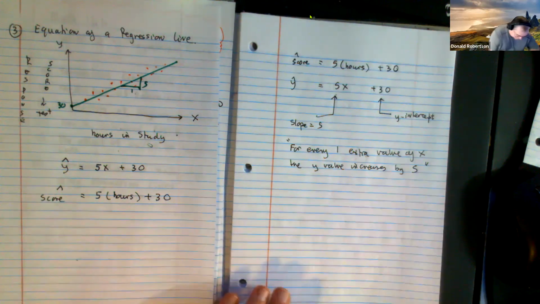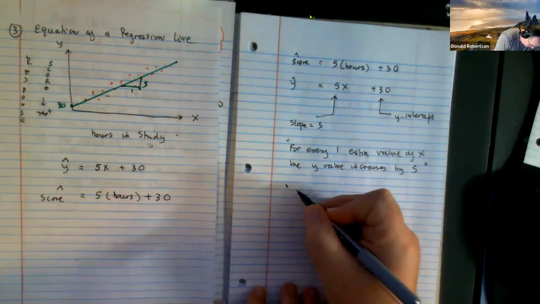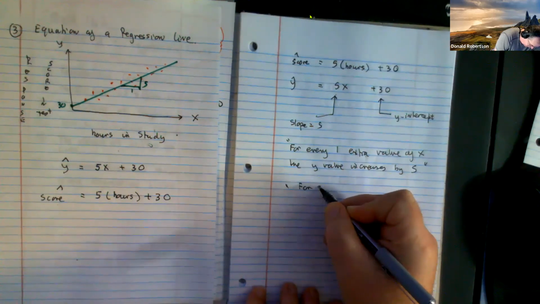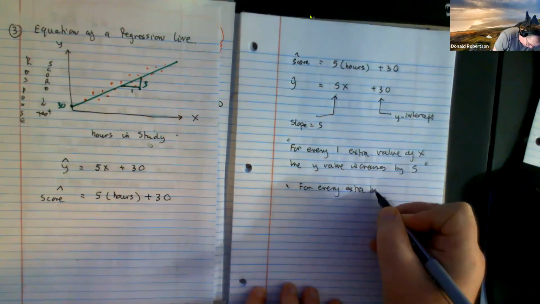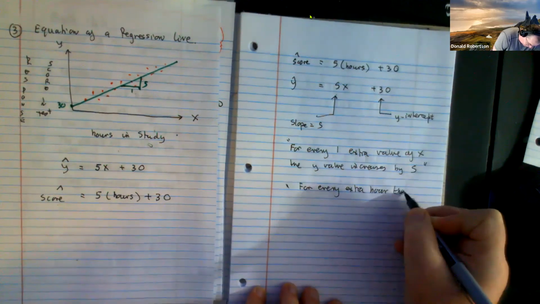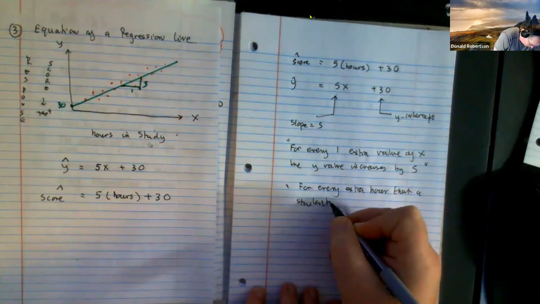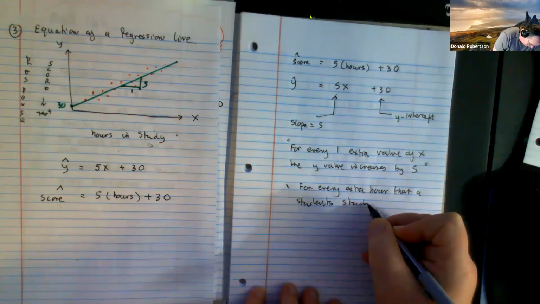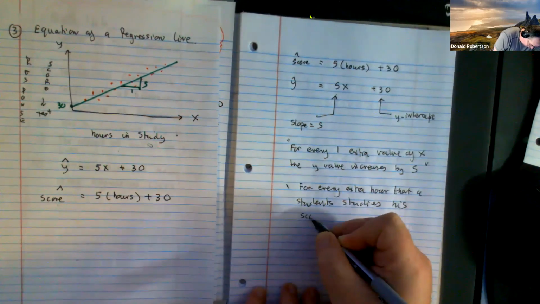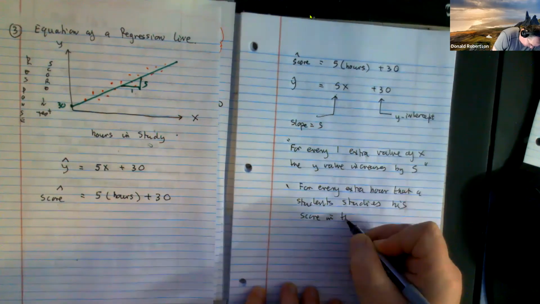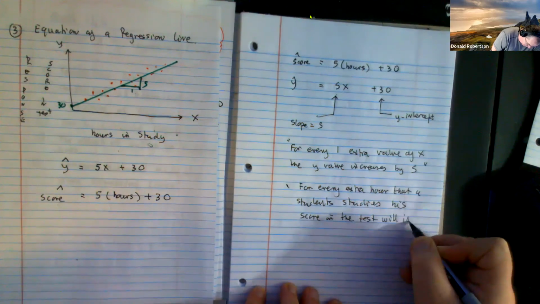Now, if I turn this x and y into the context here, this would be for every extra hour that a student studies, his score in the test will increase by 5.